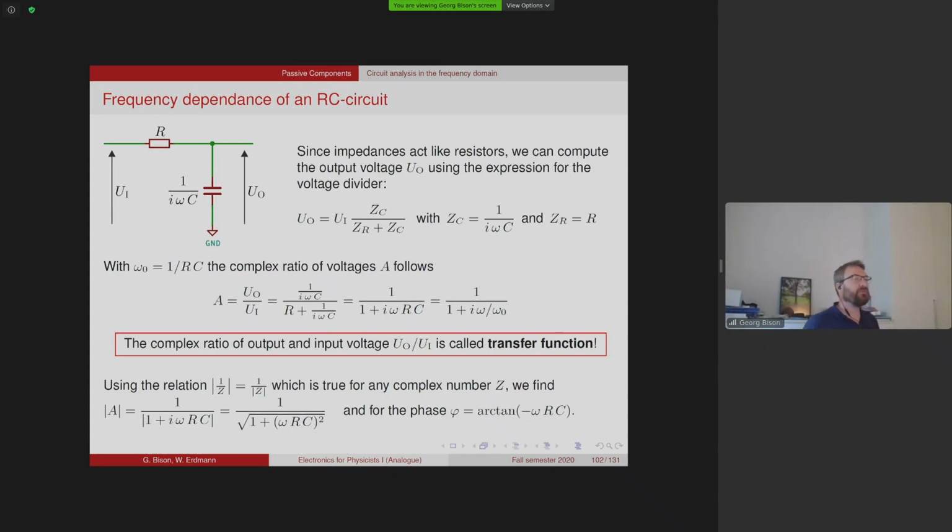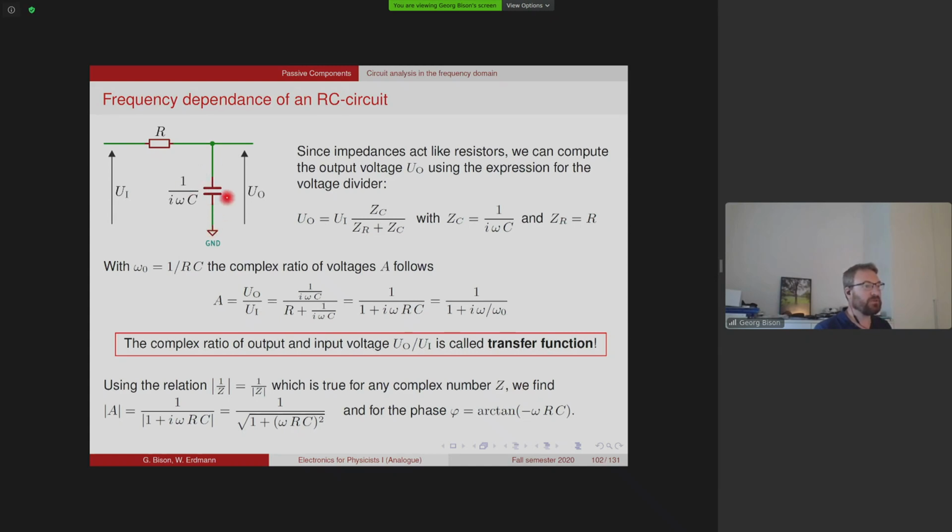Okay, now let's do the frequency dependence of an RC circuit. Well, here is one of the points where I say, okay, this is like a voltage divider, but now look, now we have two components connected in the same way as a voltage divider.